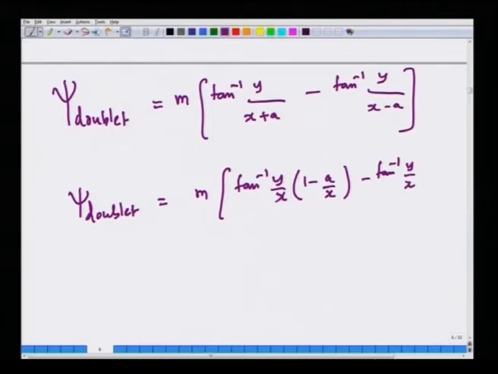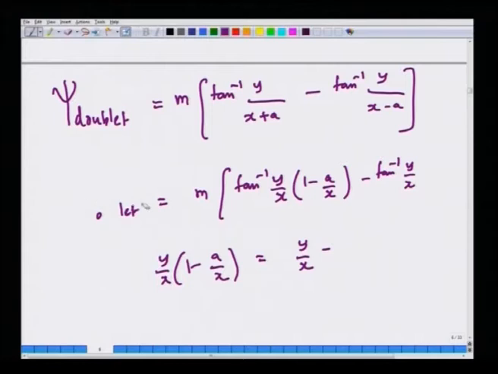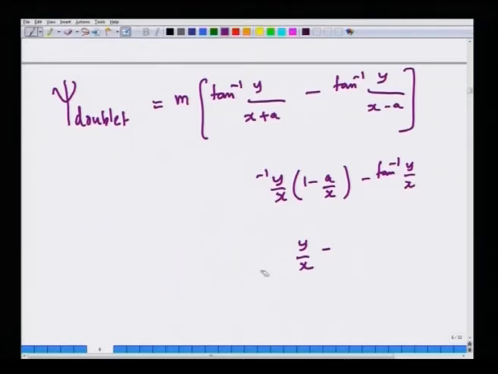So, let me just do this algebra. So, y by x times 1 minus a by x is y by x, okay, minus. So, instead of doing this, let us just delete this step, it is not required.